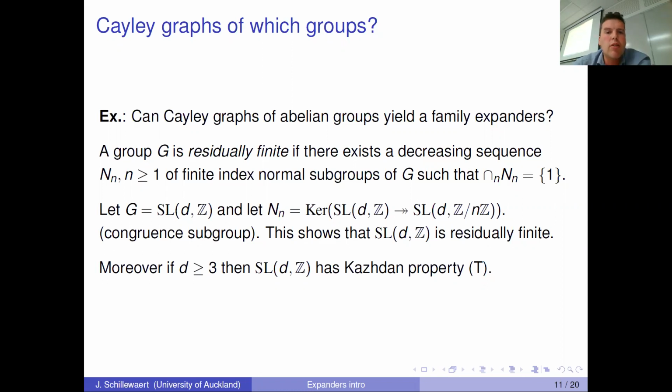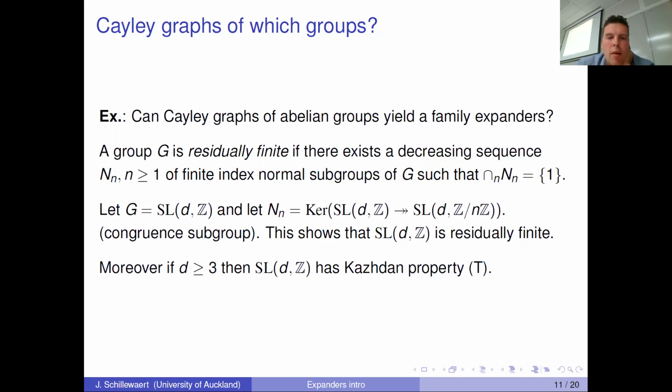A group is called residually finite if there exists a decreasing sequence of finite index normal subgroups such that the intersection is the identity. Let's just say this is a nice group theoretical property.